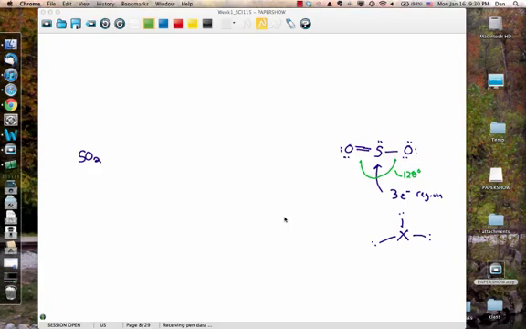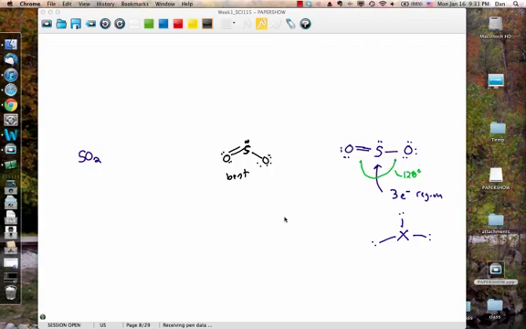But if we just take into account the atoms themselves, we would describe this as a bent structure. And that directly gives rise to the properties of the molecule. So this one we would describe as bent.